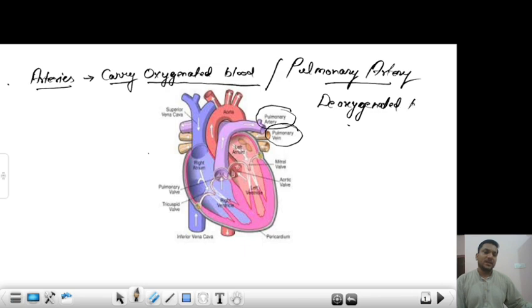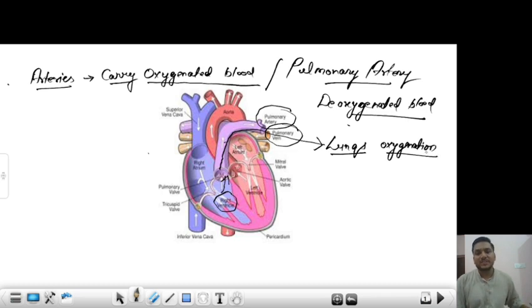You can see from the right ventricle the deoxygenated blood is entering into the pulmonary artery, and from here it is carried towards the lungs for oxygenation. Another exception is the case of pulmonary vein.